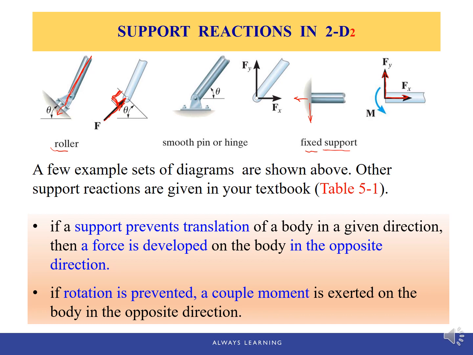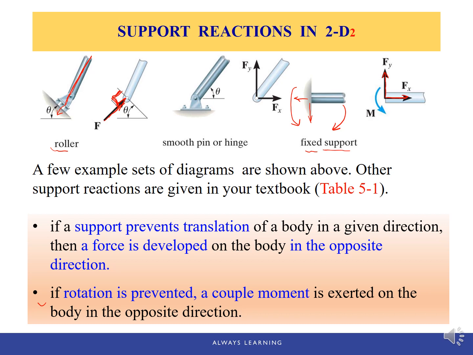And the second is, if rotation is prevented, a couple moment is exerted on the body in the opposite direction. Same idea for this fixed support, because without any support, if you just have a beam, you will have a clockwise rotation. So the wall must provide a counterclockwise rotation to balance it out, so this beam will stay in place.